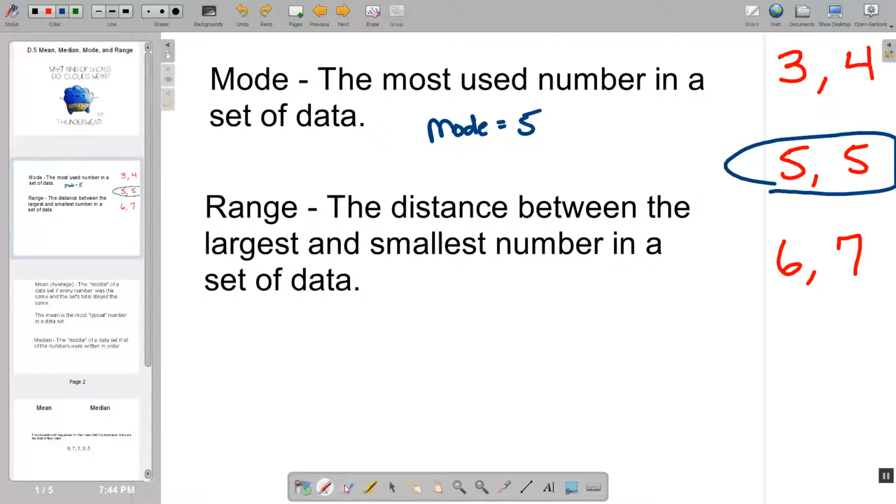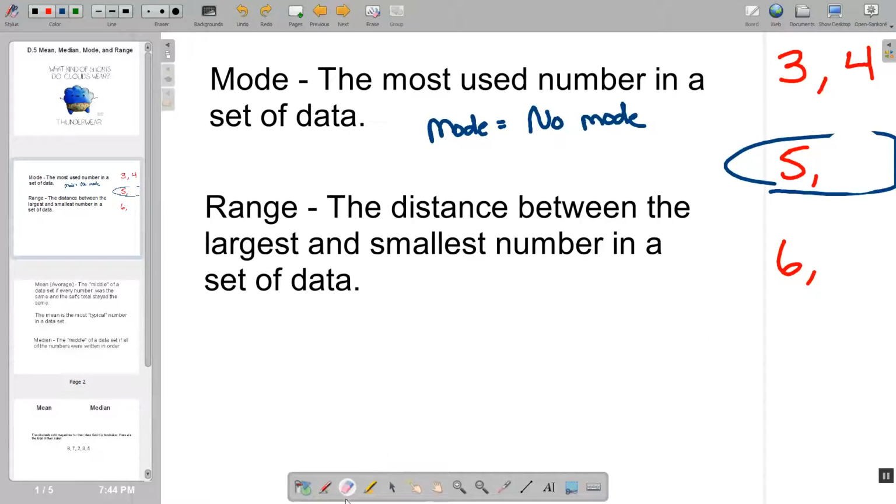Now, if this set was used differently and this number changed here to, let's say, 5 3/10, all of a sudden no number in this set is used more than once. So you simply say that there is no mode in the set of data. So if every number is only used once, there is no mode. Otherwise, there is a specific mode.